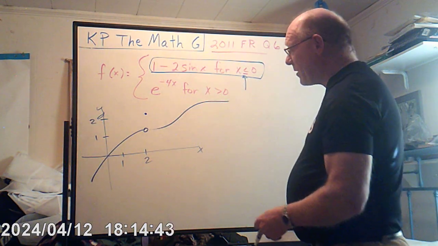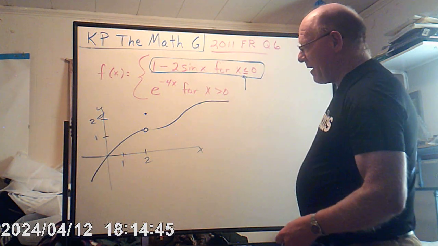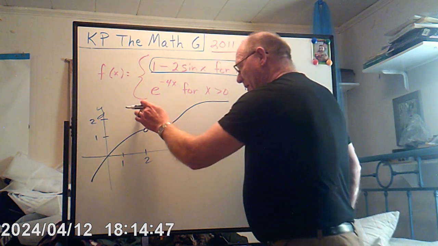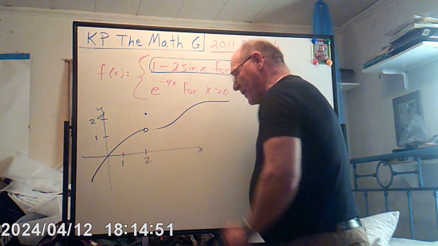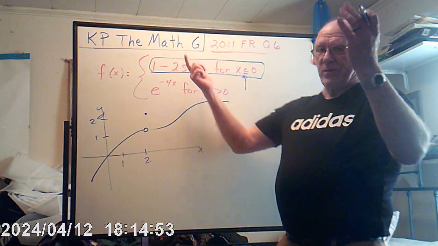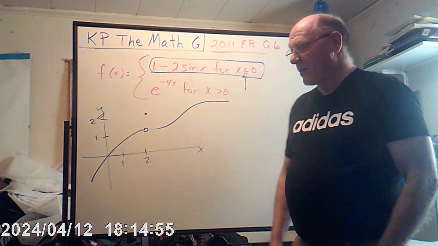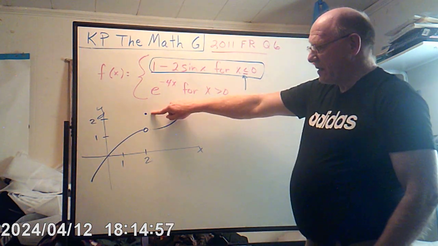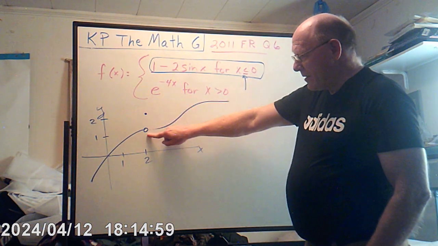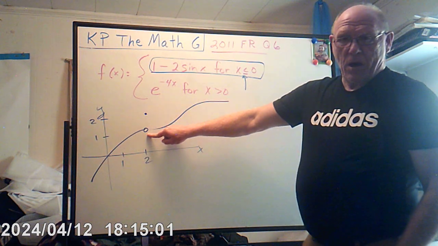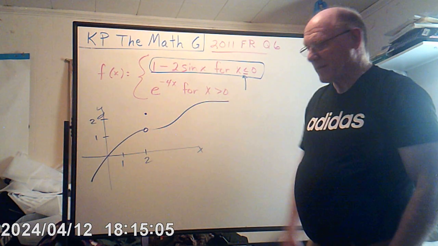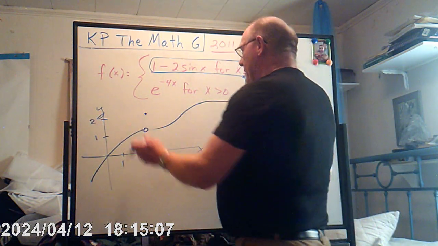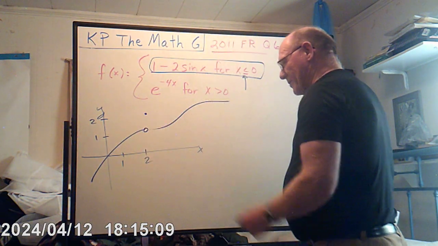F has a hole, and even though f at 2 does exist, and even though the limits both exist, the third one fails simply because f at 2 does not equal the limit as x approaches 2 of f at x. I'm using 2 instead of 0, but that's okay.